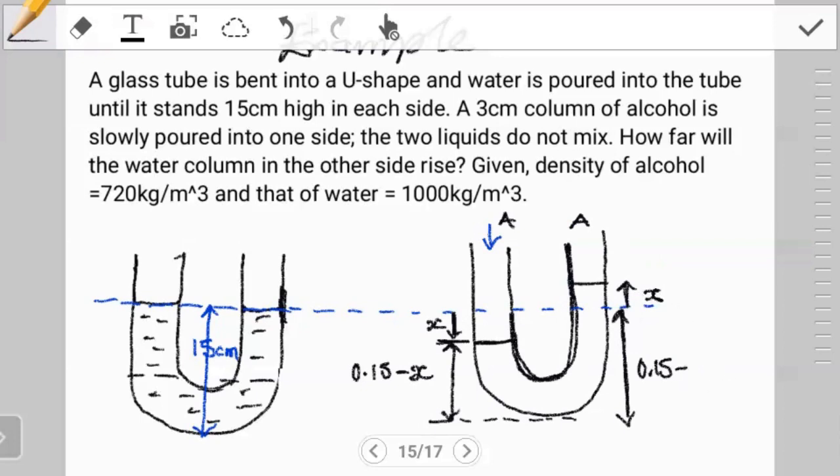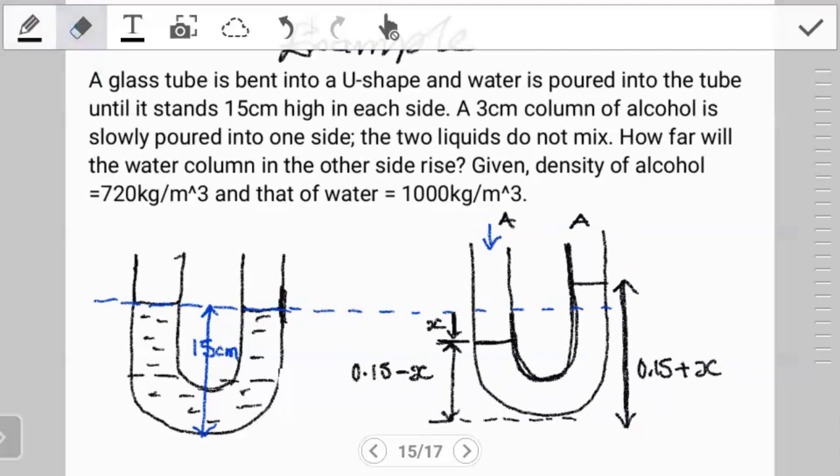So now our height on the right-hand side, all the way up to there, is 0.15 plus X.